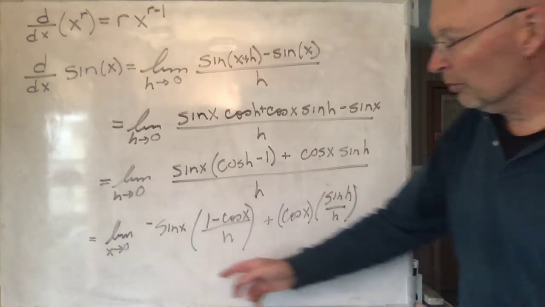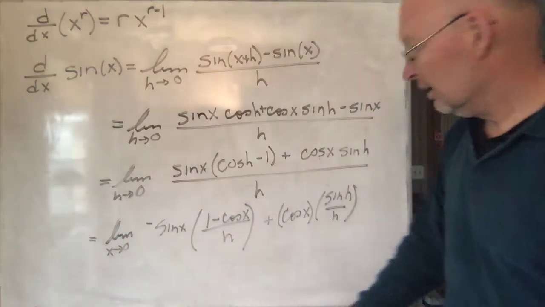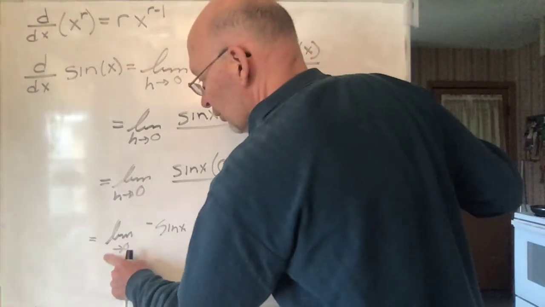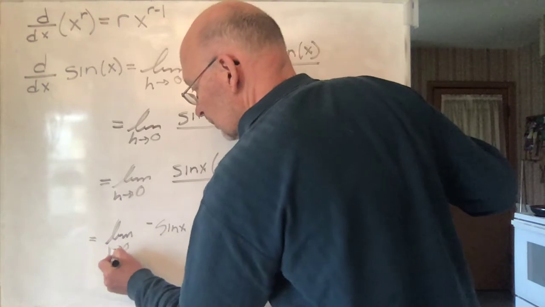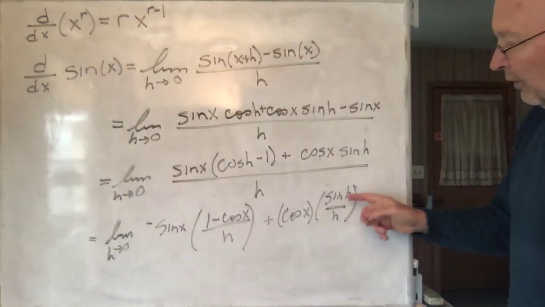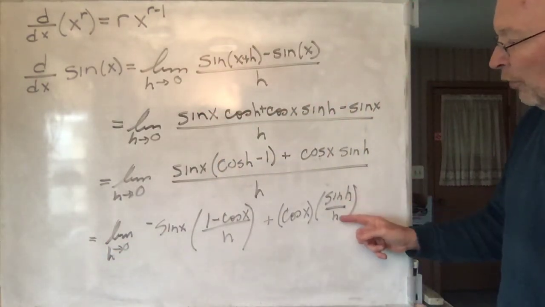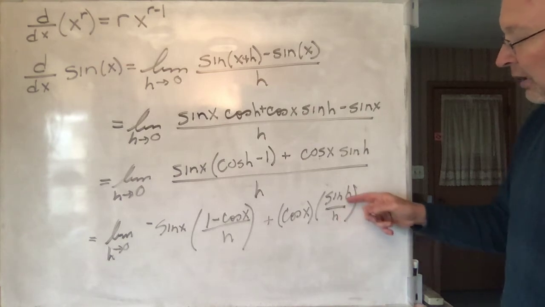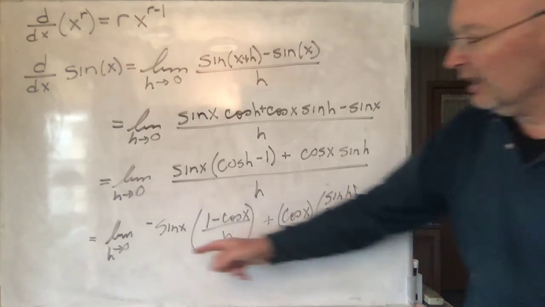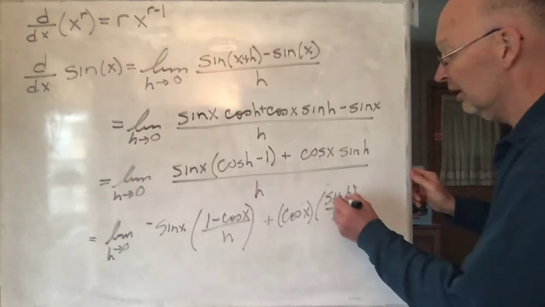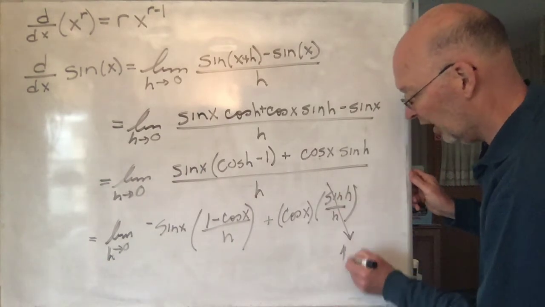Now, do you remember? As h goes to 0, remember what the sine of anything is over that thing as that thing goes to 0? I'll remind you, it goes to 1.